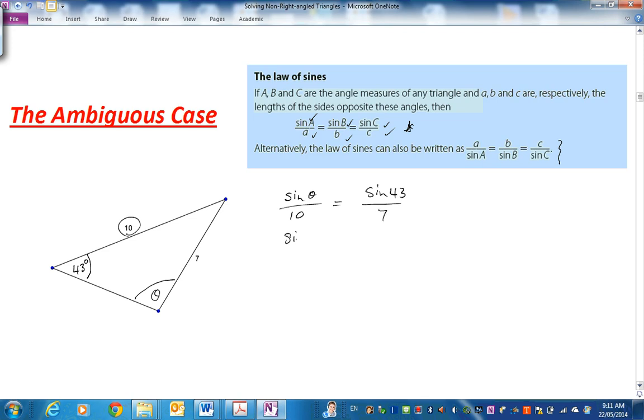So the sine of theta equals 10 times sine 43 over 7. Or theta is the inverse sine of all of this. Use a bracket, but just make the one entry on the calculator. Okay, and if you do that, theta is almost exactly 77 degrees.